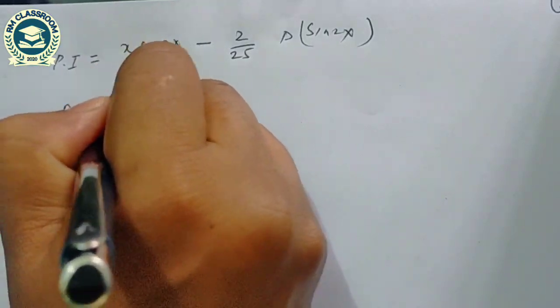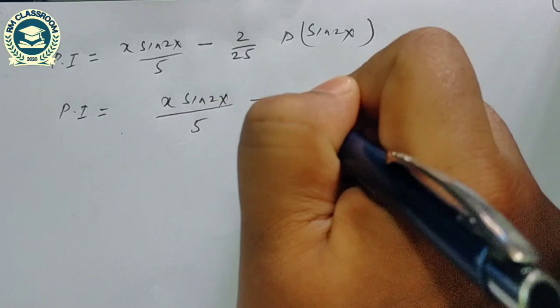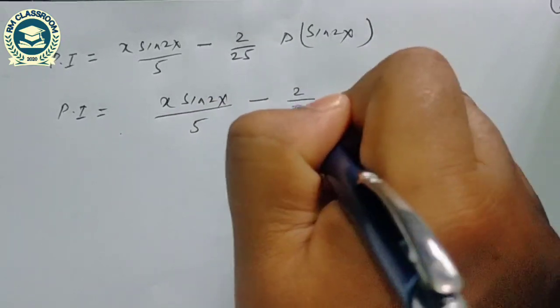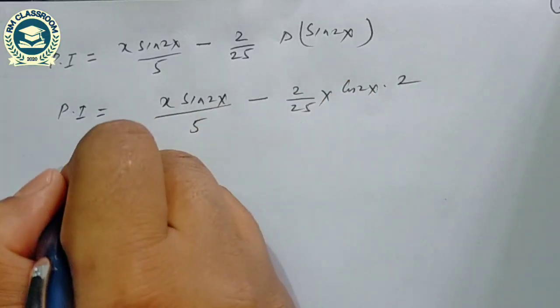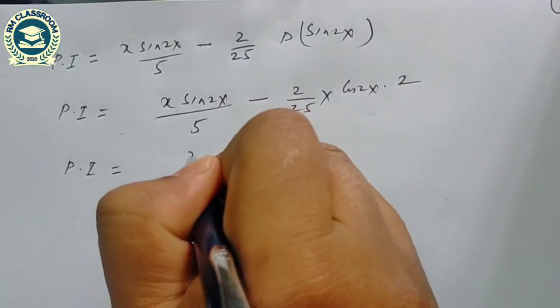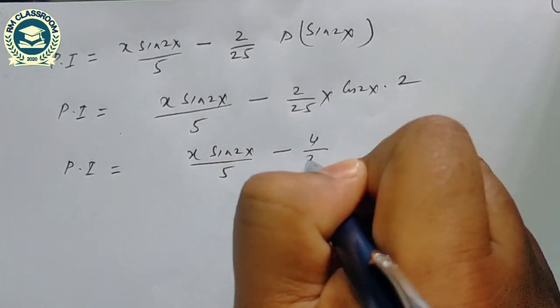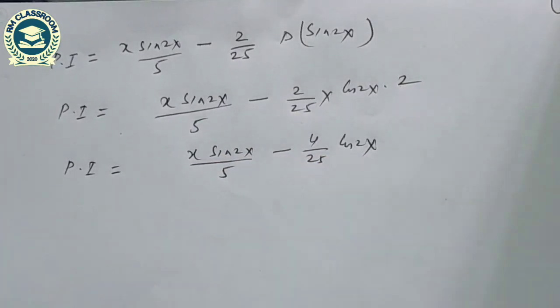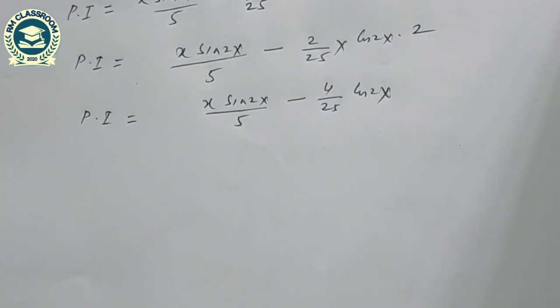The particular integral is equal to x sin 2x by 5 minus 2 by 25 into cos 2x into 2. So particular integral is equal to x sin 2x by 5 minus 4 by 25 cos 2x. So this is the solution of the given differential.